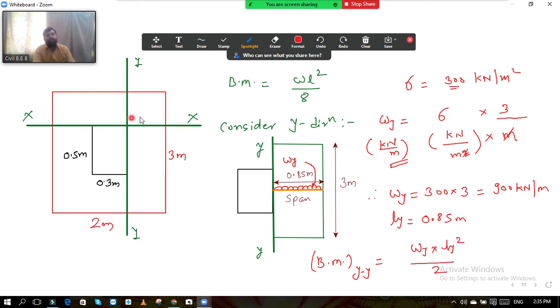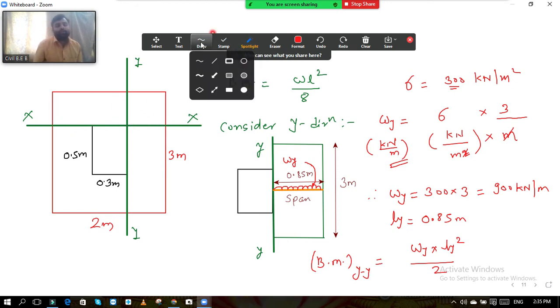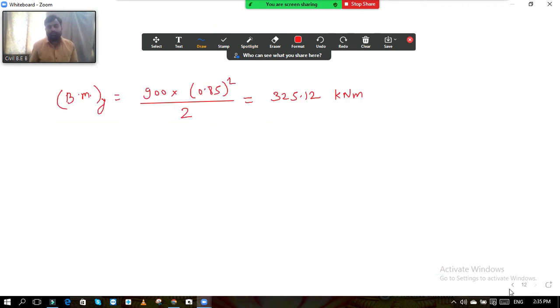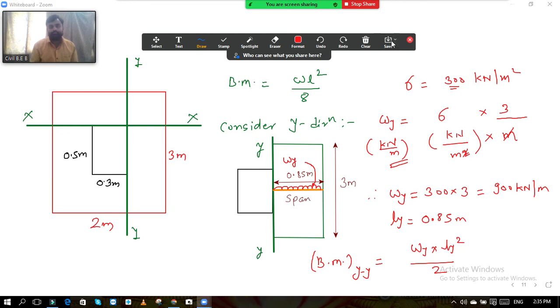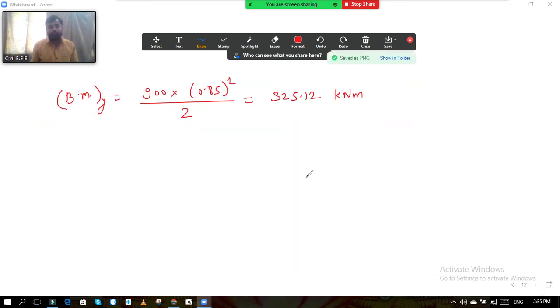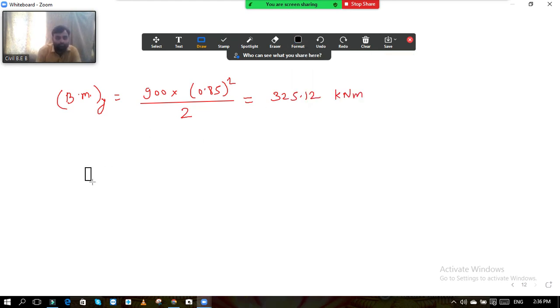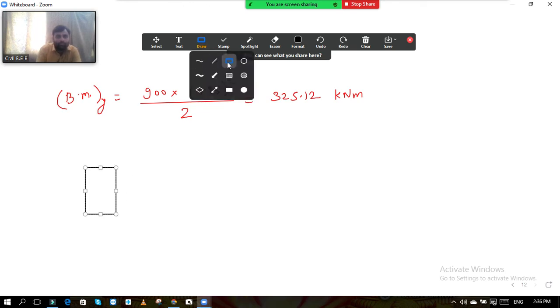Now we will take our area. So again I will draw the same diagram for your understanding. So again this is our column. This is the column, then footing.